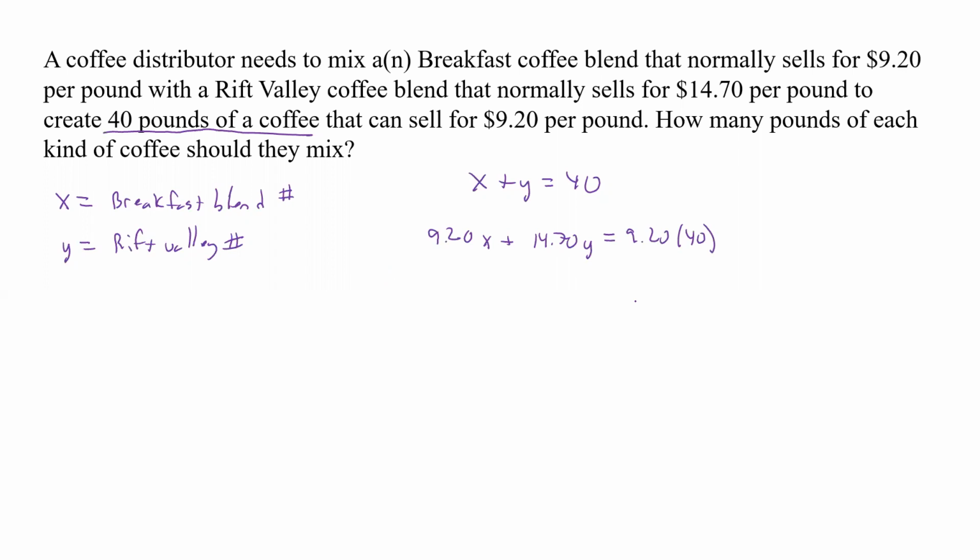Okay, now what do we want to do here? Well, we're going to have to do a couple things. We're going to have to take 9.20 times 40, so it's 0, 0, 8, and that's 36, moved over 2, so it's 368. And then we still have our 9.20x plus 14.70y.